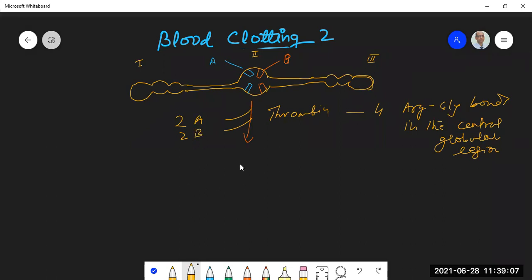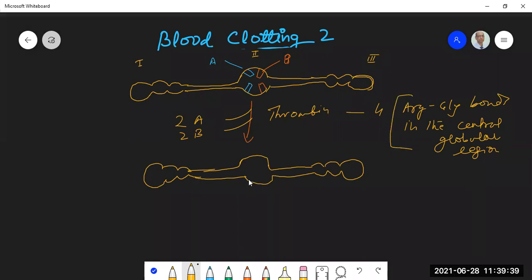So if I have to draw the structure, fibrinopeptides from the central globular region will be freed because of the hydrolysis of 4 arginine glycine bonds. And you have this fibrinogen molecule, which is alpha, beta, gamma twice.